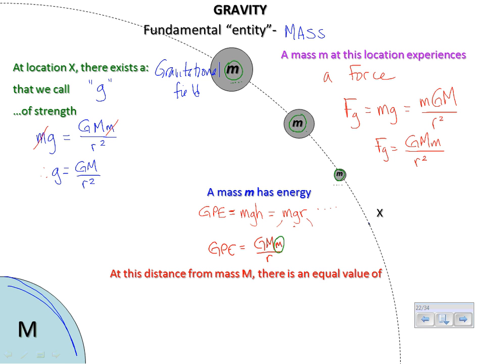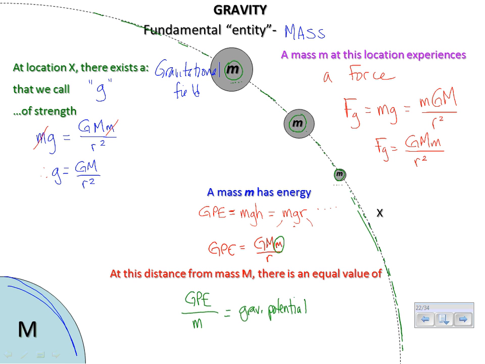What I'm saying is, if we do this, GPE per unit mass, we get the same value everywhere. Everywhere on this line, I'm drawing a green dot, everywhere on this line, an equal distance away from mass big M, there's an equal value of what we call potential energy per unit mass. And that's called gravitational potential.